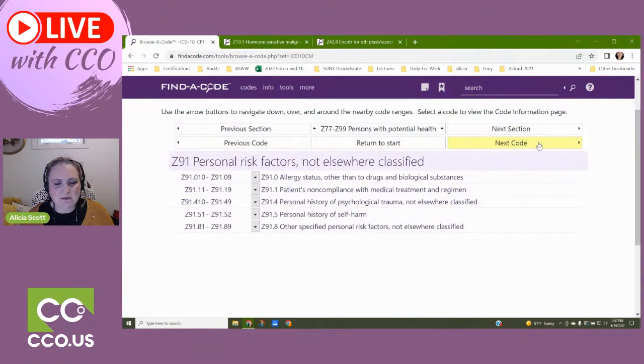Let's see. Patients' noncompliance with medical treatment and regime. I've seen this Z91 code used sometimes with patients that are not taking their diabetic medication correctly, and they're having complications. This also doesn't mean that the patient is being spiteful or negative. It could mean cognitively they're not capable.